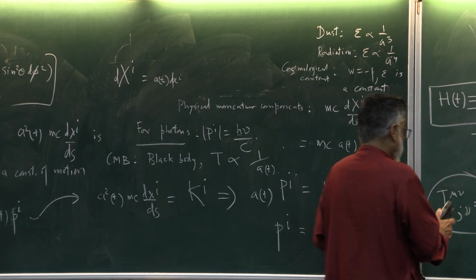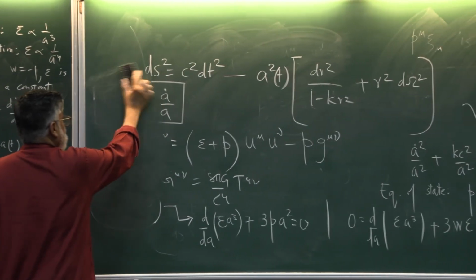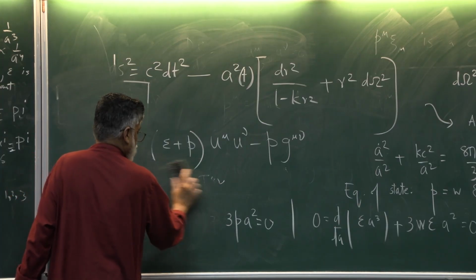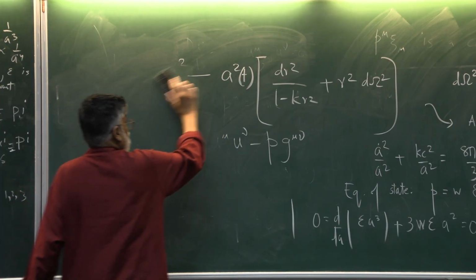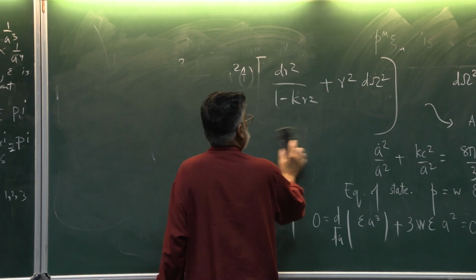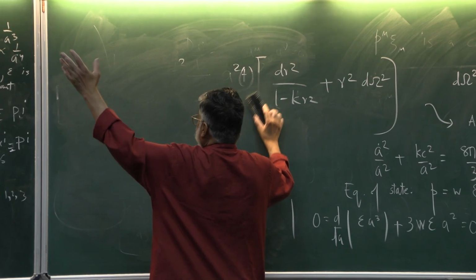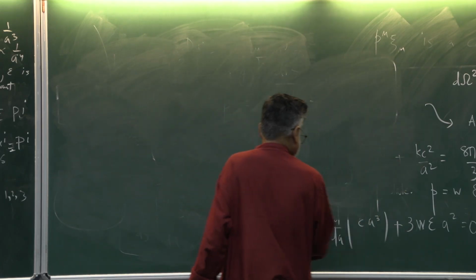By the way, I had already talked about angular sizes of objects when we were talking about physical measurement and GR. So that is another observable. I can again go back and write down the Robertson-Walker line element.